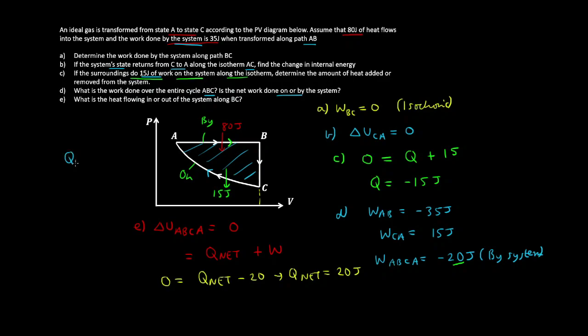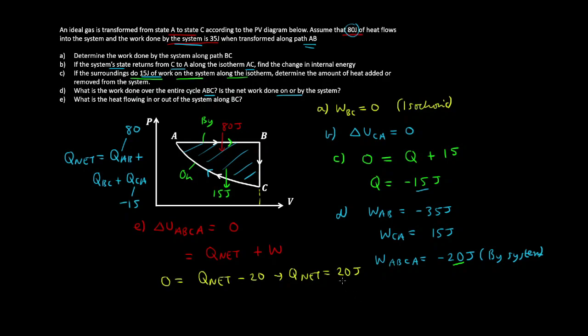Now Q net is equal to QAB plus QBC plus QCA. So along path AB, we were given in the problem that 80 joules of heat flows into the system. Along the isotherm, we calculated that 15 joules of heat goes out of the system.